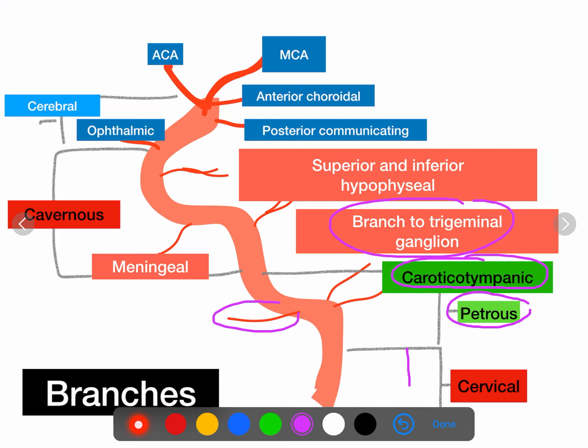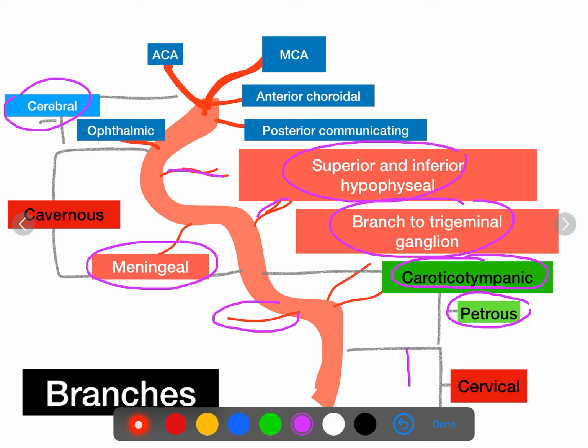There are superior and inferior hypophyseal arteries which supply the hypophysis cerebri. There are meningeal branches which supply the meninges in the middle cranial fossa.